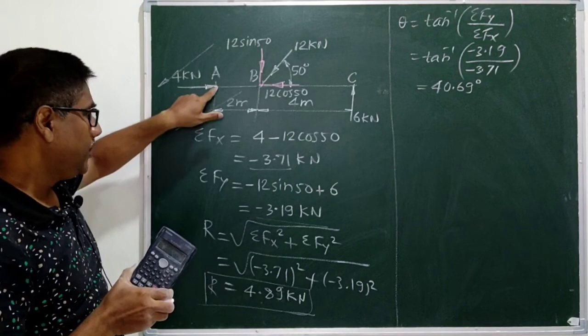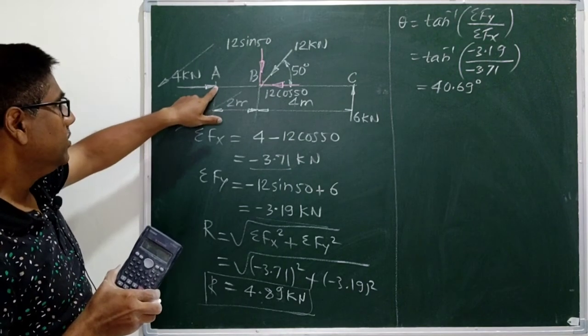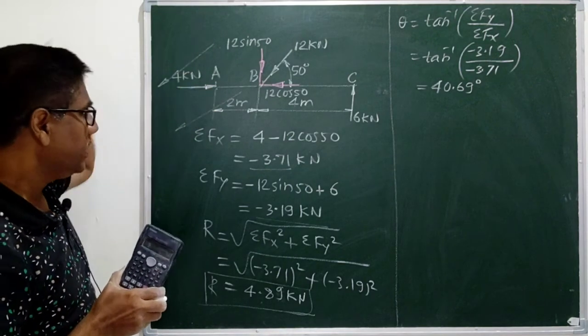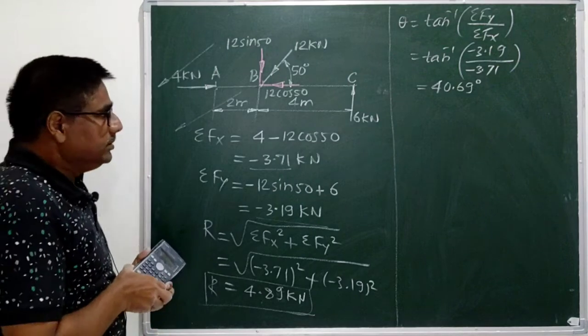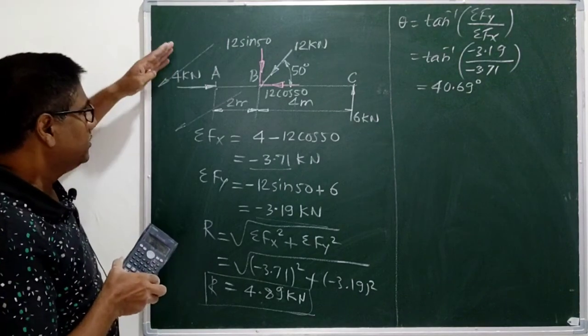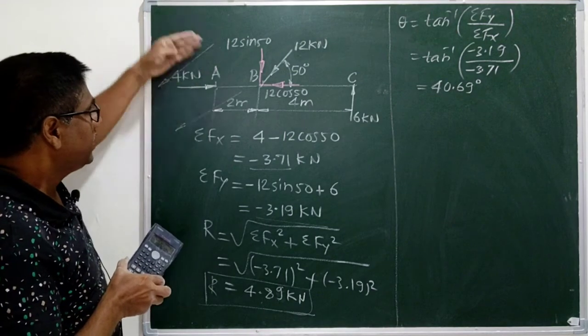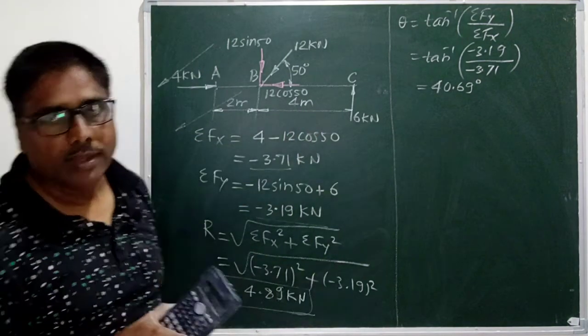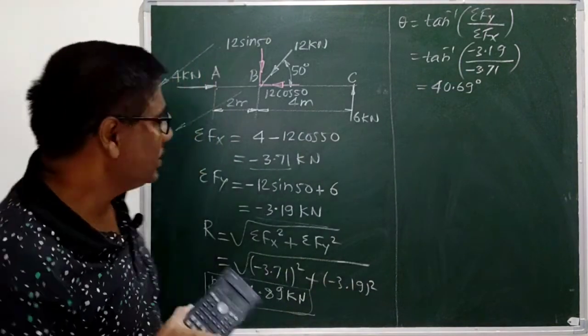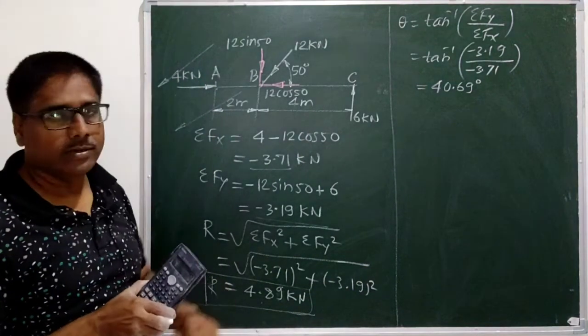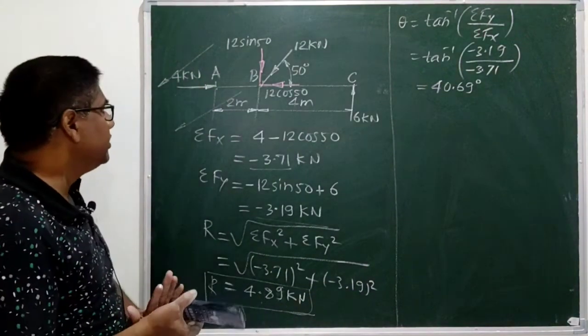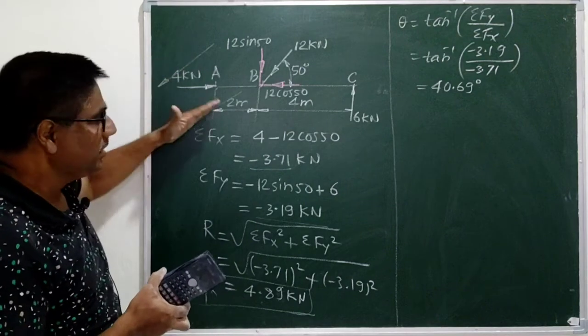I am taking point A to give the location of resultant with respect to A. No doubt it is in third quadrant, but it should be to the left of A or right of A. It depends on the Varignon's theorem of moments, whether it will give clockwise moment or anti-clockwise moment. From that we will decide whether to place resultant here or here.